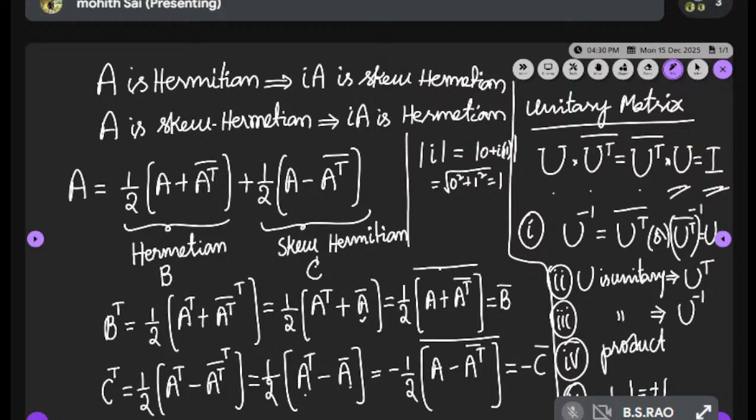So you are getting only magnitude 1. The product of eigenvalues of a unitary matrix.